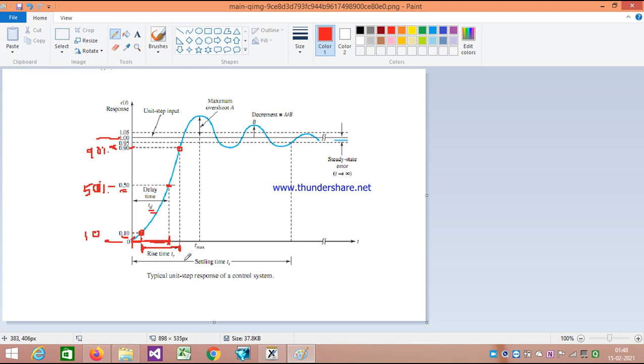Next parameter is the peak time, which is indicated here. Maximum point is called the peak time, or we call it the max time, right? Peak time means a time, and I'm just indicating here since it is not mentioned in the graph, from 0 to here is called the peak time TP.